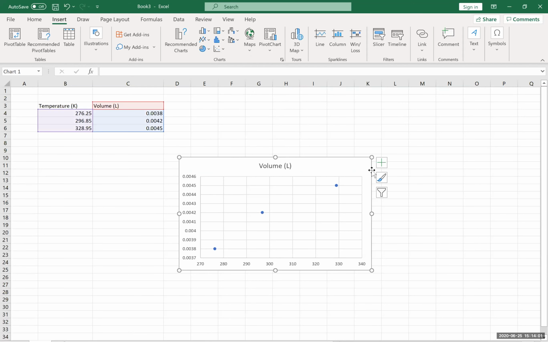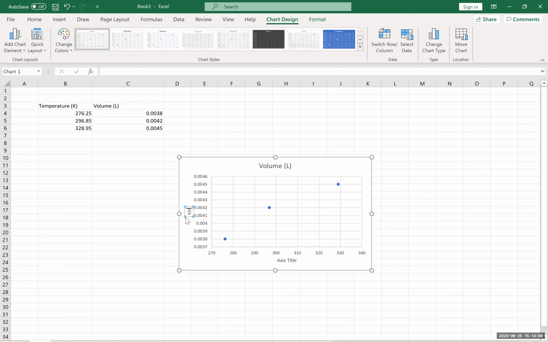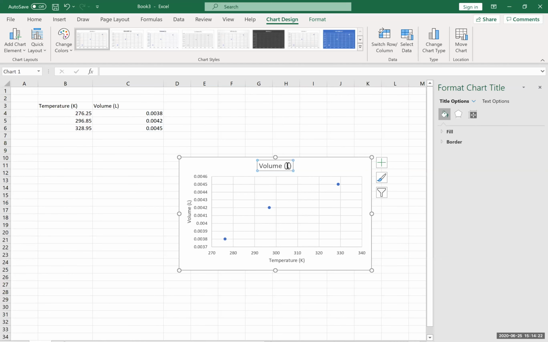If everything is done correctly, when you add your axis titles, you'll see on the y-axis you have your volume in liters, and on the x-axis you have your temperature in Kelvin. Volume versus temperature, Kelvin, for an air sample.